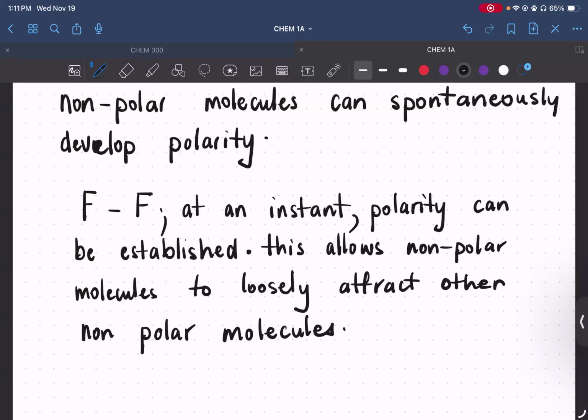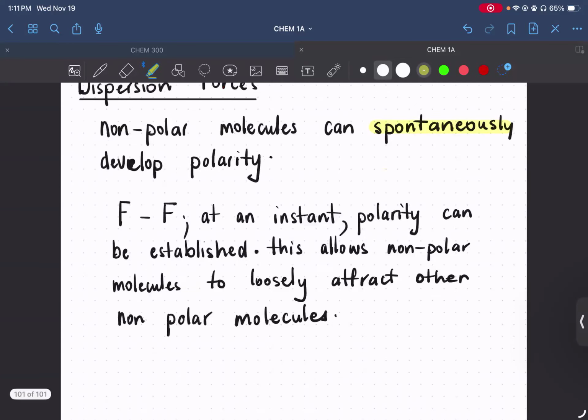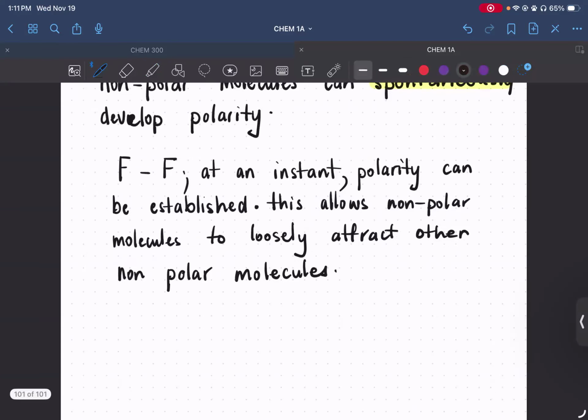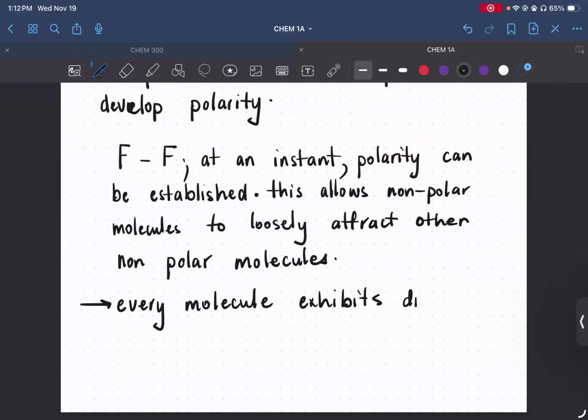Now, the fact that dispersion is all based on this idea of spontaneously developing polarity. I mean, you don't influence it, you don't trigger it, it just spontaneously develops polarity. That is what also tells us every molecule exhibits dispersion forces.